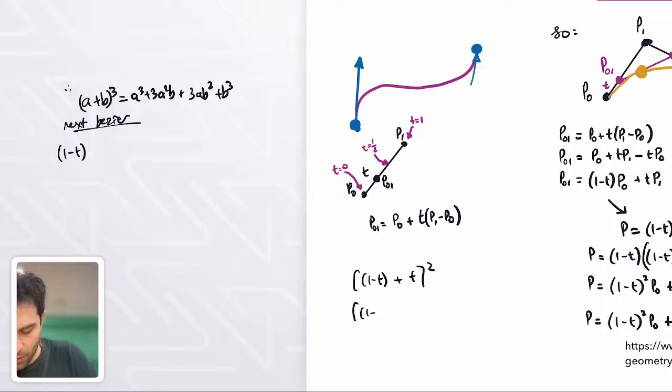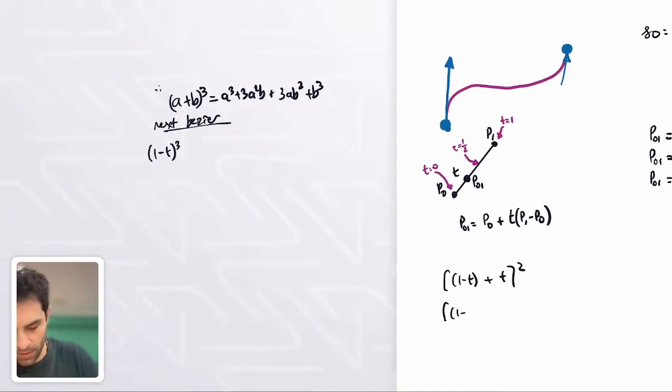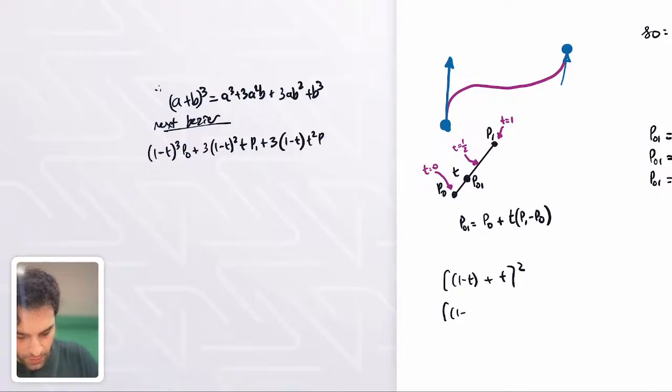So 1 minus t cubed will be the first term, just same as it was over here, so it's going to be cubed. And there's going to be 3 of these, and so on, right? So it's going to be 1 minus t cubed times p0, plus 3 groups of 1 minus t squared times t of p1, plus 3 of 1 minus t times t squared of p2, plus t cubed of p3. Do you see this? And this is going to be my final point with 3 control points.